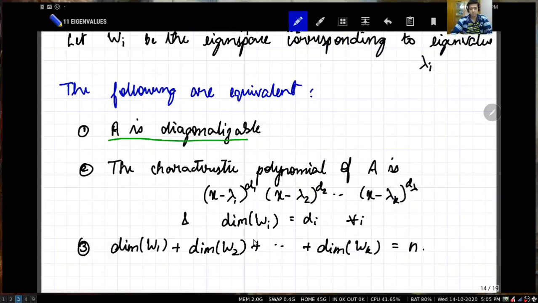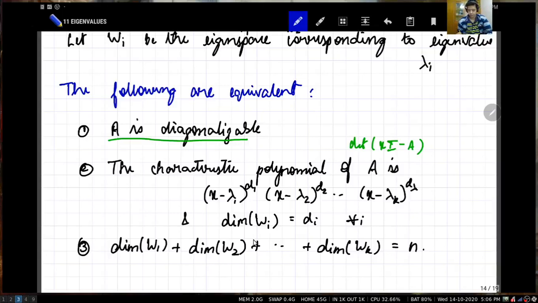The second statement concerns the characteristic polynomial of A, which, recall, is the determinant of xI minus A. Suppose that we can write the characteristic polynomial as x minus lambda 1 raised to d1 times x minus lambda 2 raised to d2 and so on up to x minus lambda k raised to dk.